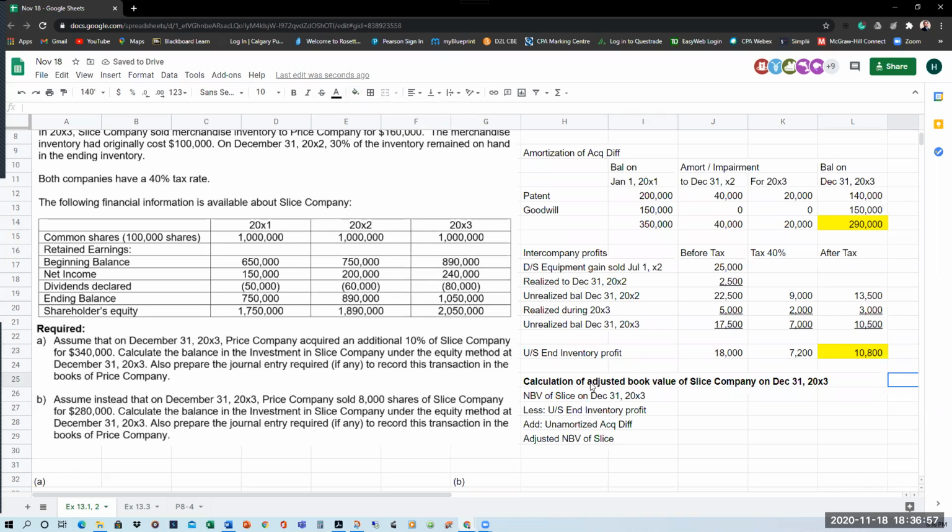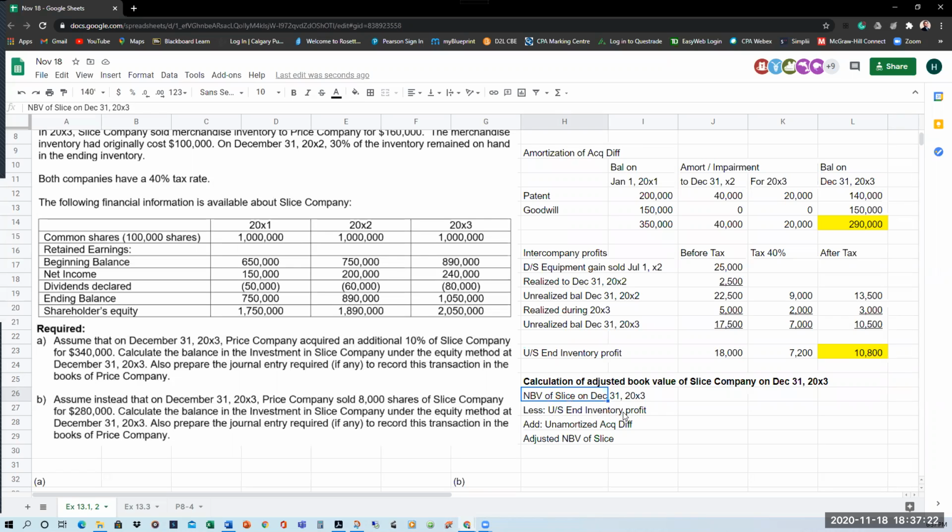So the adjusted book value calculation is done similar to step 9. If you remember your consolidation steps, and I don't think there's been enough time for us to forget those. Step 9 is the calculation of non-controlling interest.